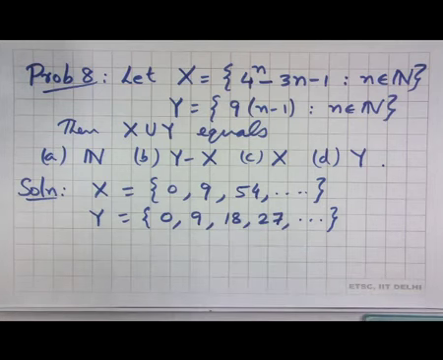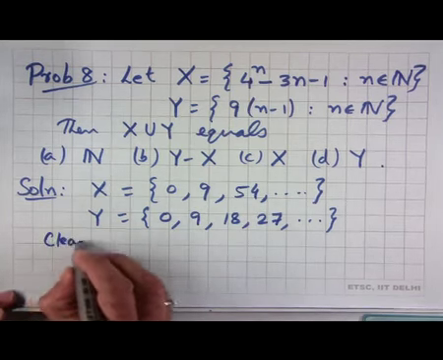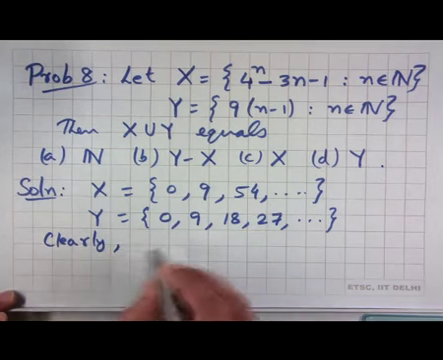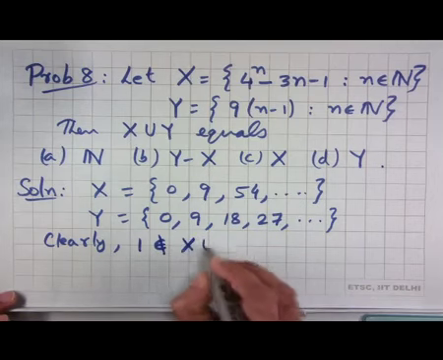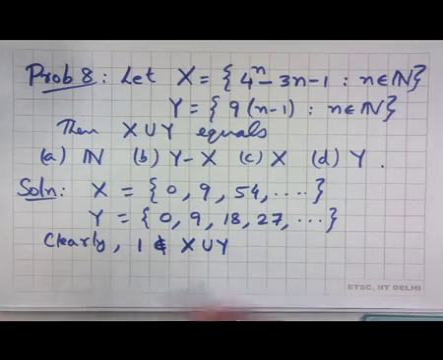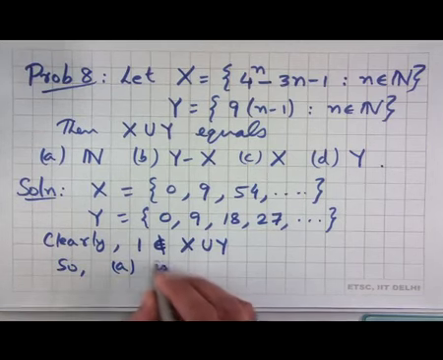Now, clearly, 1 does not belong to X union Y. So, A is false.